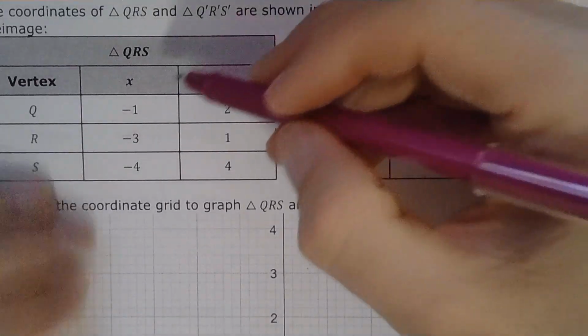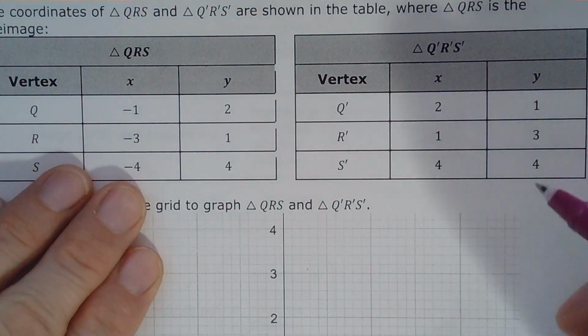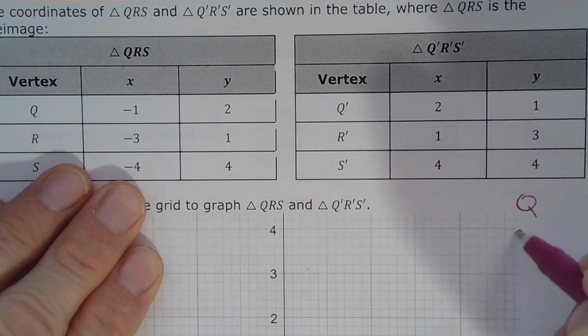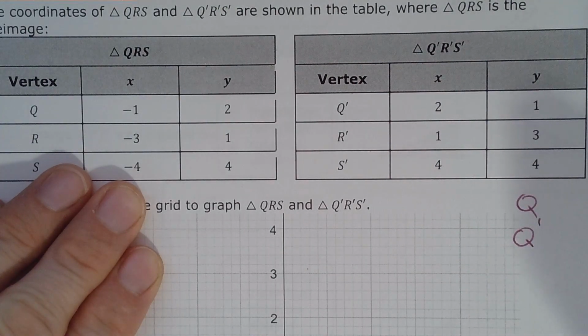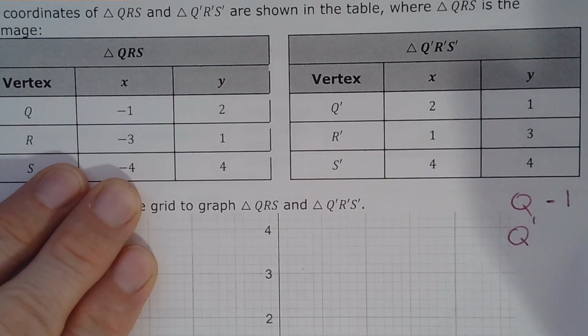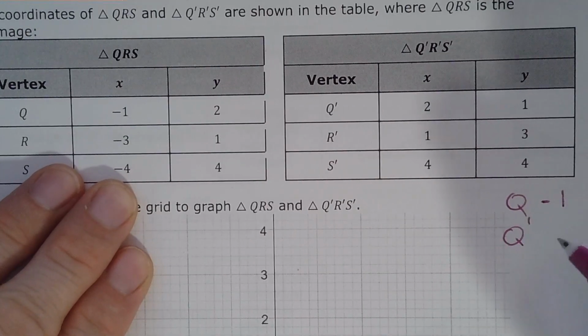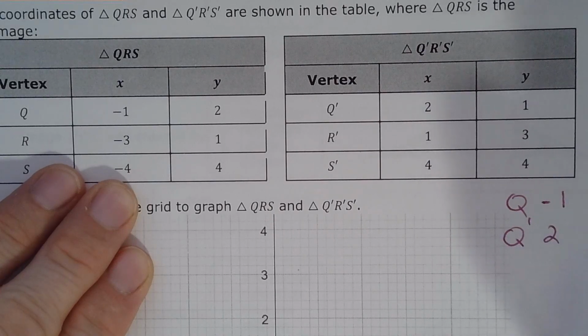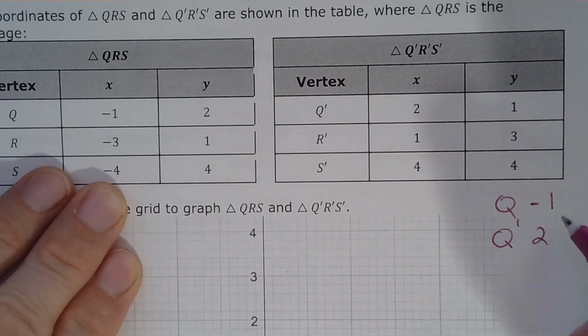Like if I can just look at these two, I can tell you what happened right away. Right? If I look at my Q and my Q prime, my X was -1, and my prime X coordinate was 2, right?